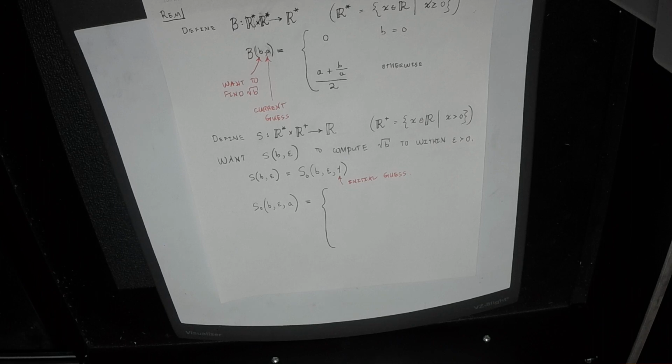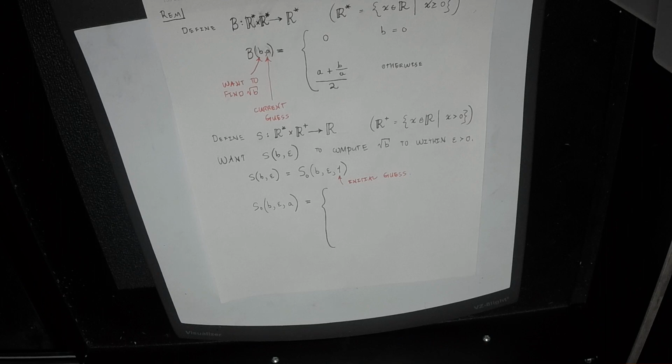So like b minus a less than epsilon? Something like that. No, not b minus a. B is the number we want to compute the square root of, and a is our current guess. So like if we wanted to compute the square root of 70, then b would be 70, and we'd exit when a gets close to 8.37. So those 2 numbers will not be close generally.